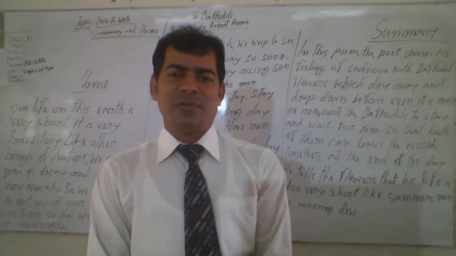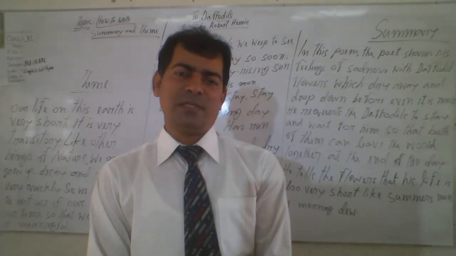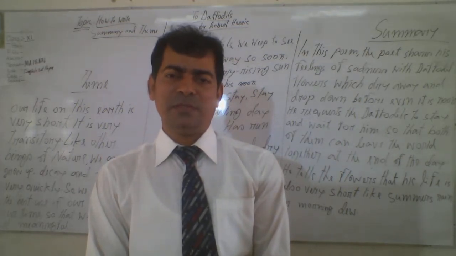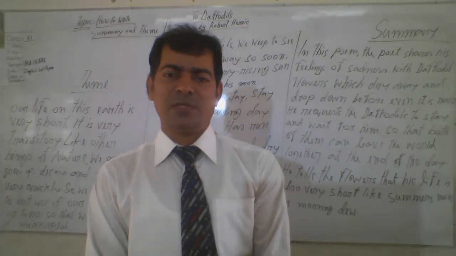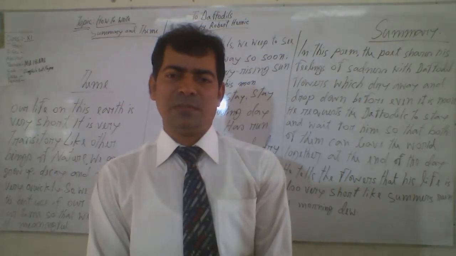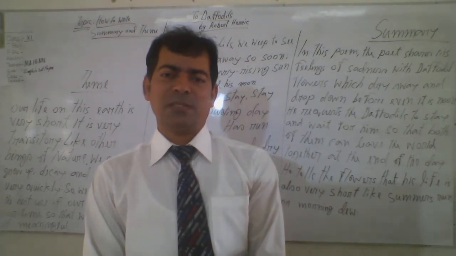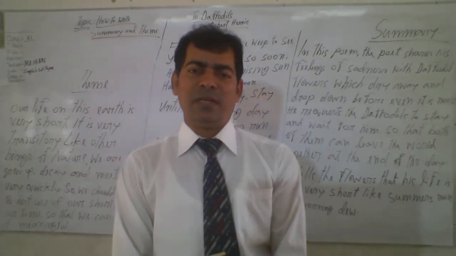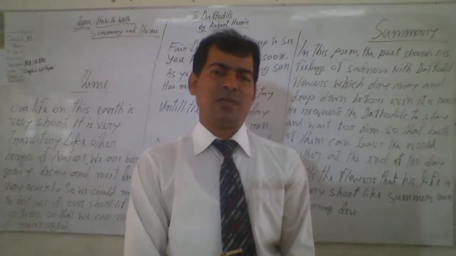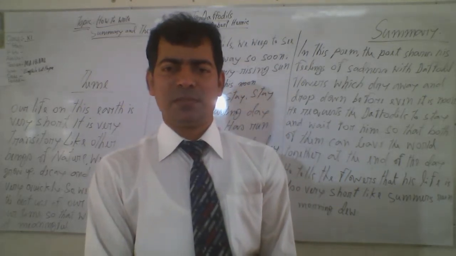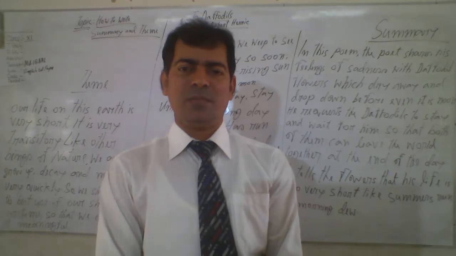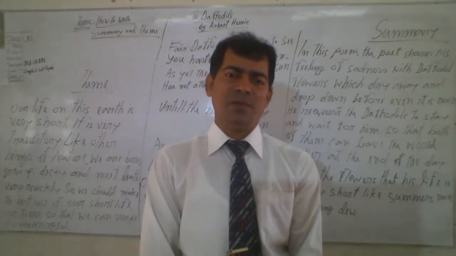Dear students, you know that two types of questions are set on the topic. One is question number 3 on the question paper, that is writing a summary, for 10 marks. Another is question number 11, that is theme writing, for 8 marks.